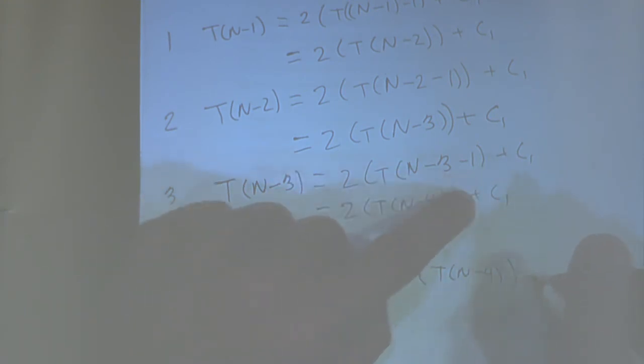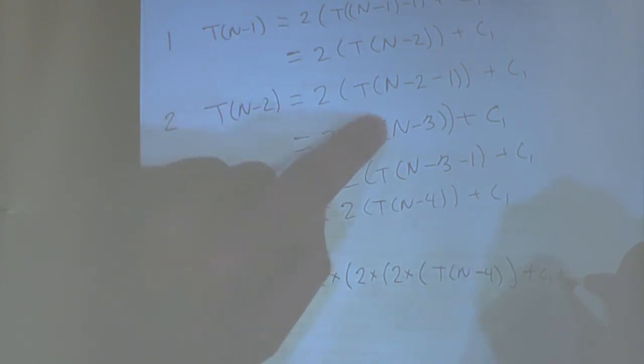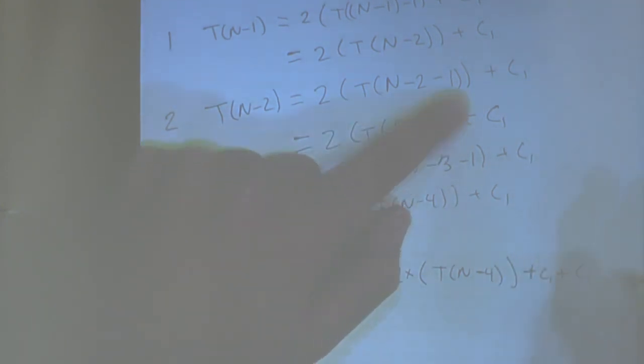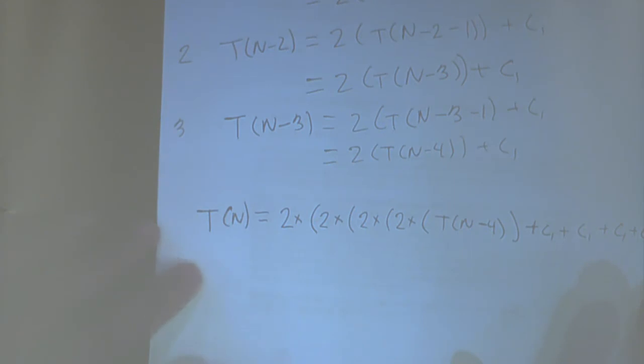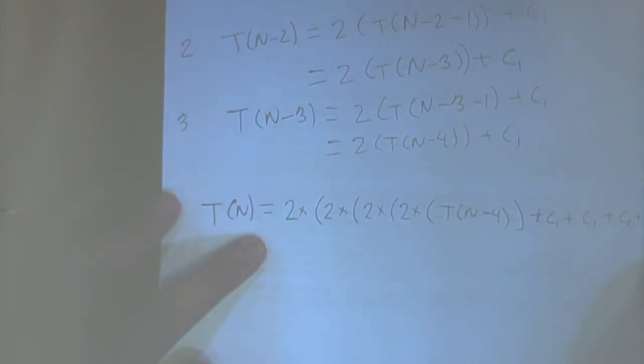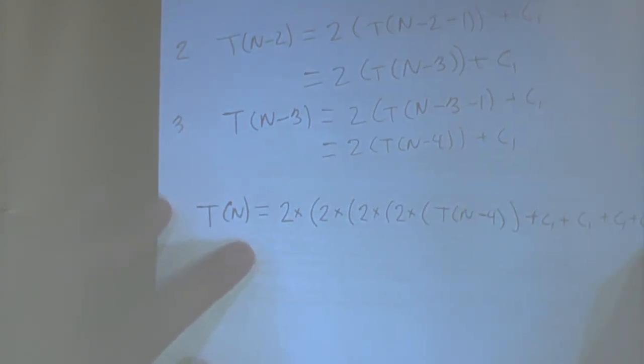We add in the plus c1 here, go back here, add in plus c1, then go back here, add in plus c1, okay? So if we put all our equations back into our initial equation, it's going to look like this.